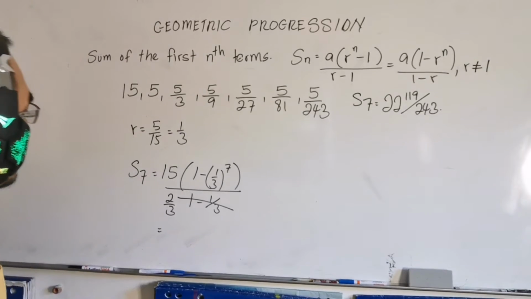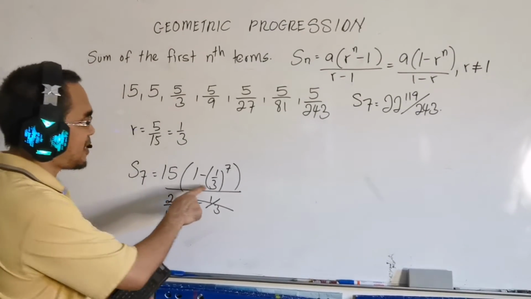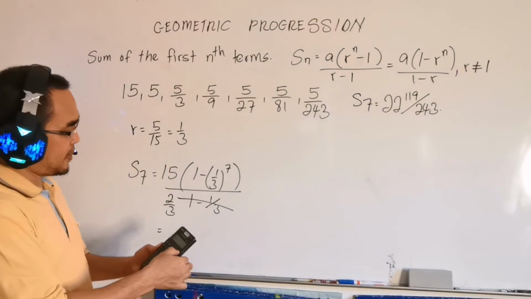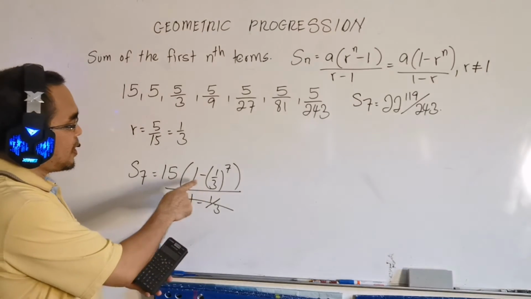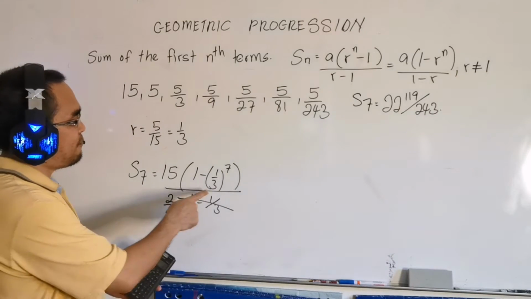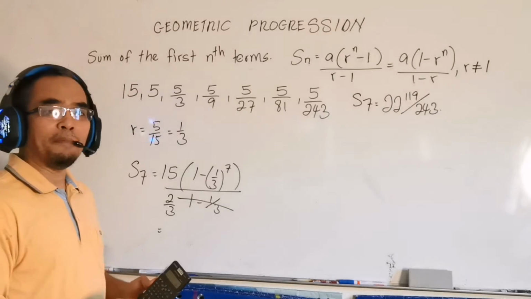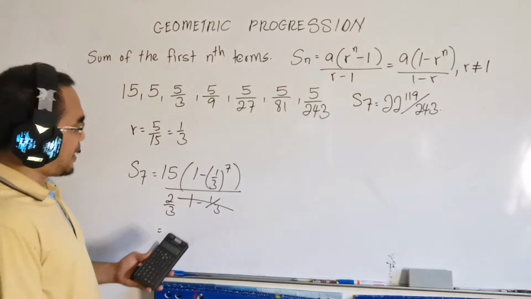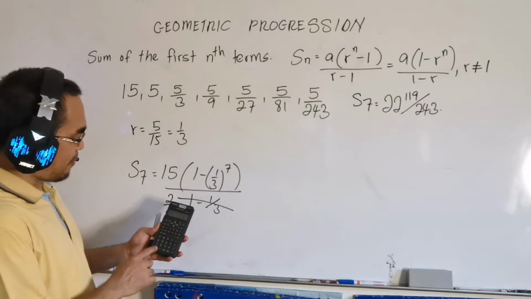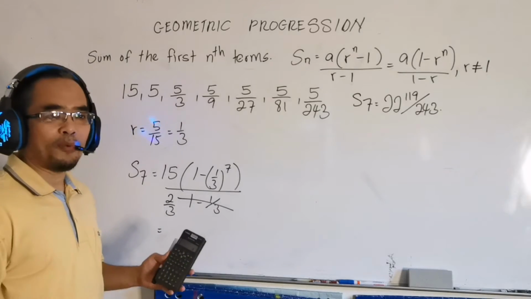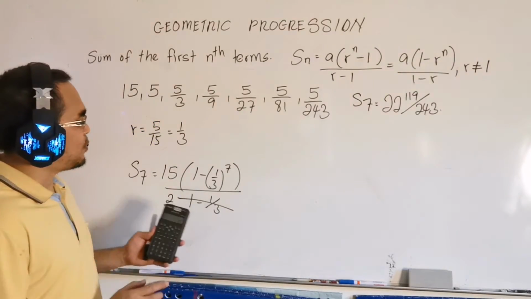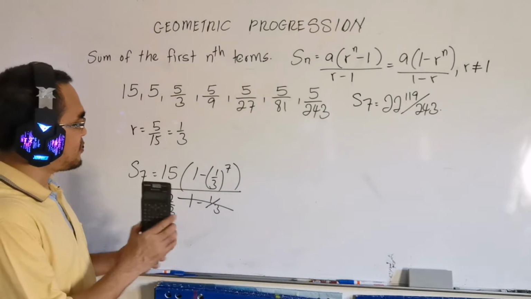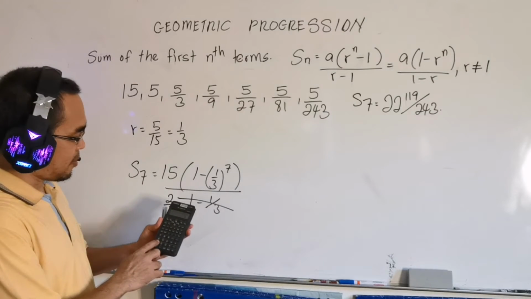In order not to complicate the method, you just calculate inside the bracket. The first thing we have to calculate manually would be 1/3 to the power of 7. But using a calculator, we don't have to bother about the order of operations. It's just that we have to instruct the calculator to calculate correctly.